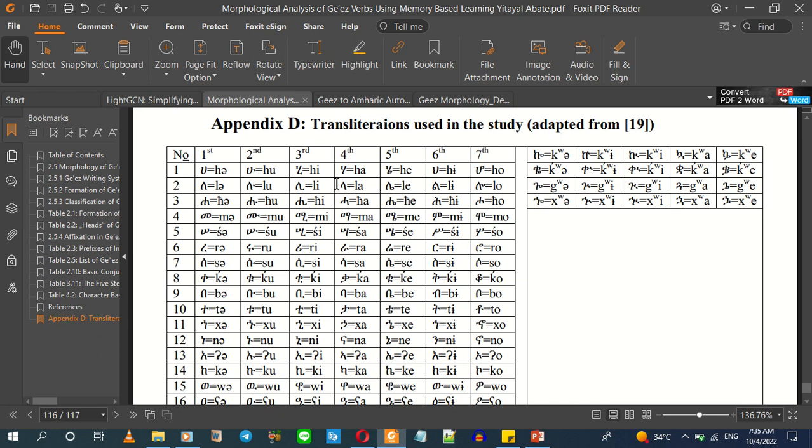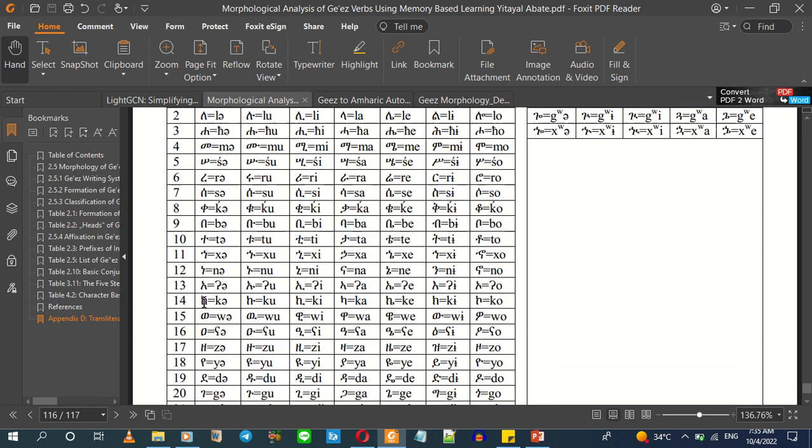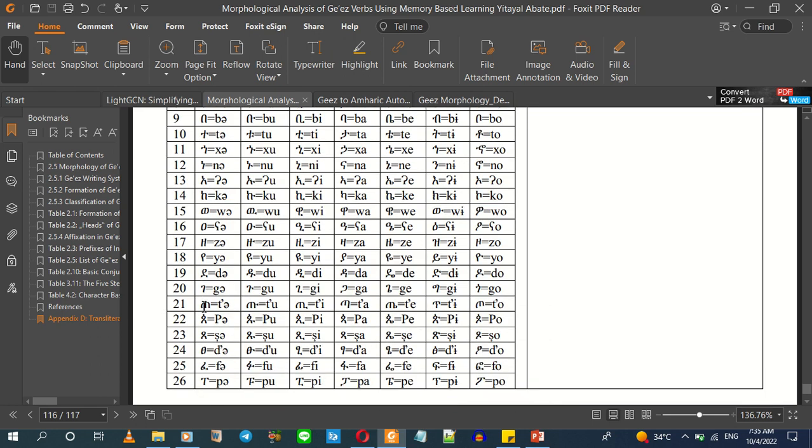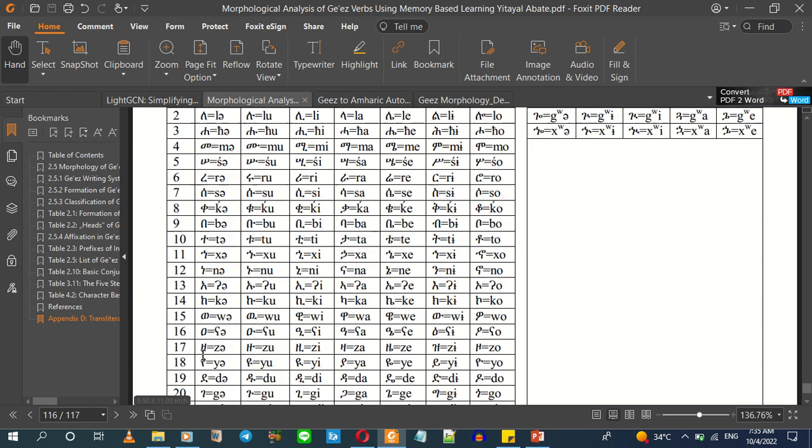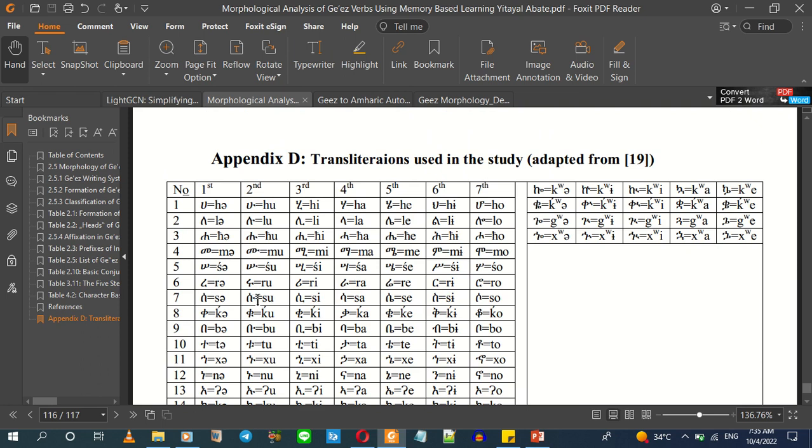With such a pattern, all these 26 characters will sound like that. So if a person can understand the first order set of alphabets, then it will be easy to understand the rest, the six forms.